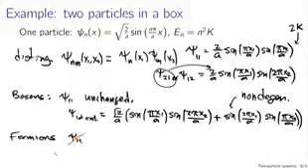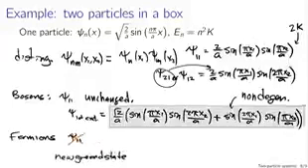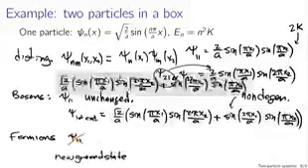Our new ground state, then, is essentially our first excited state from before, but with a minus sign. I'll indulge in a little copy-pasting here, just to save myself the writing.